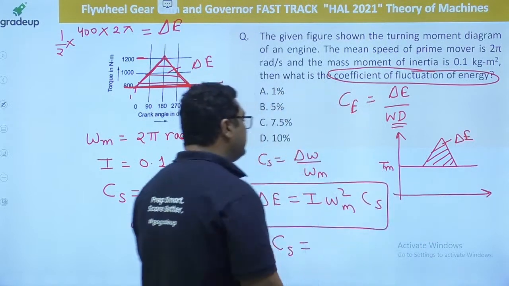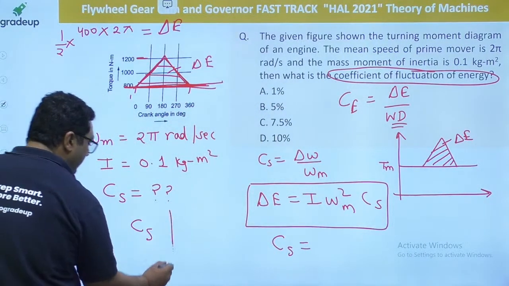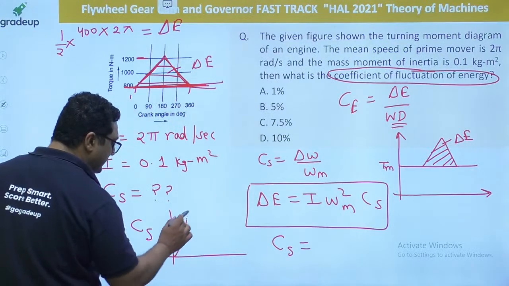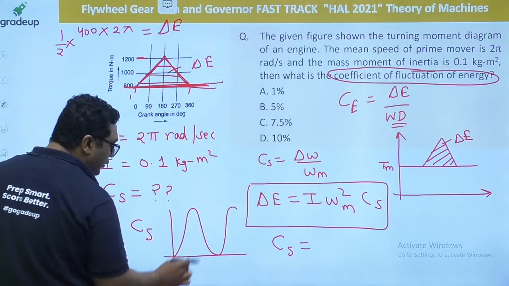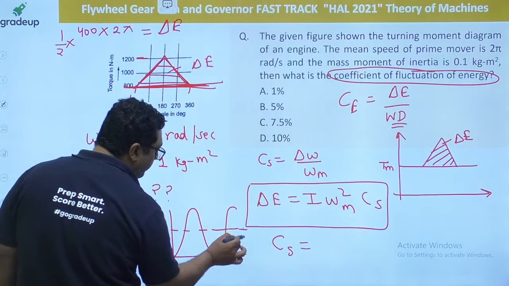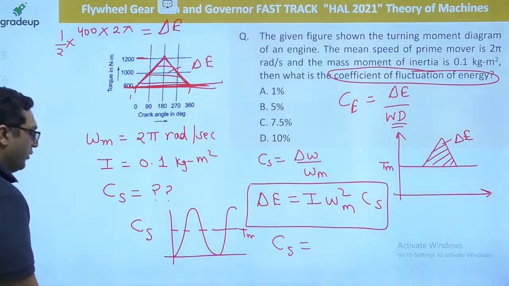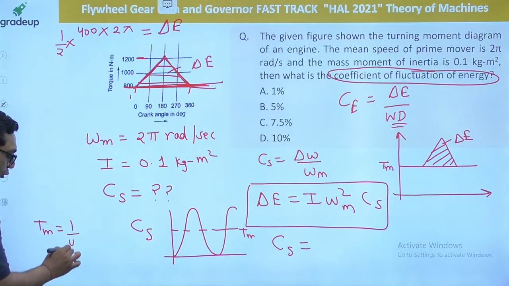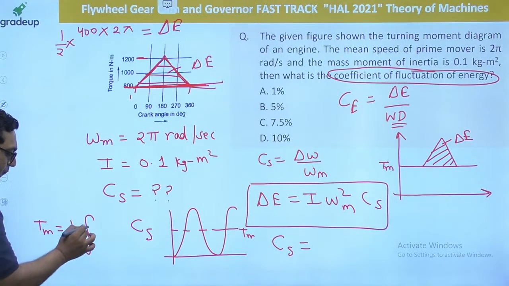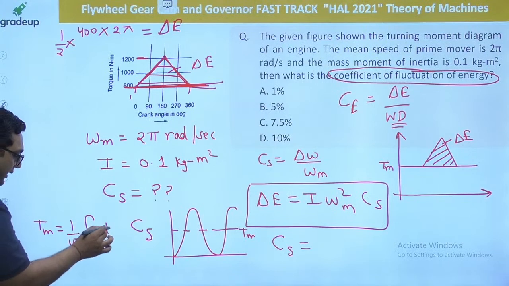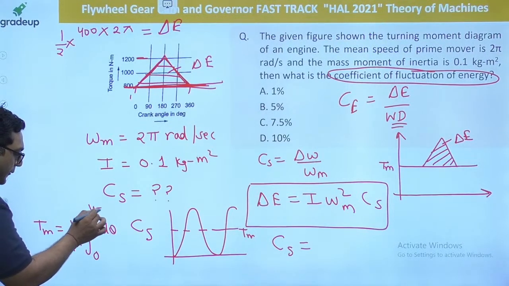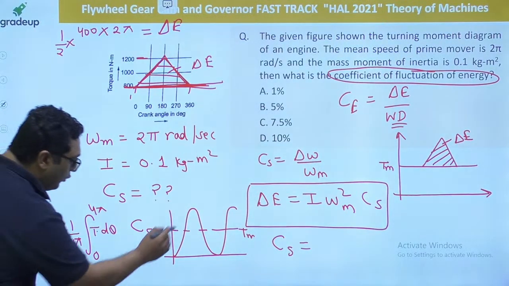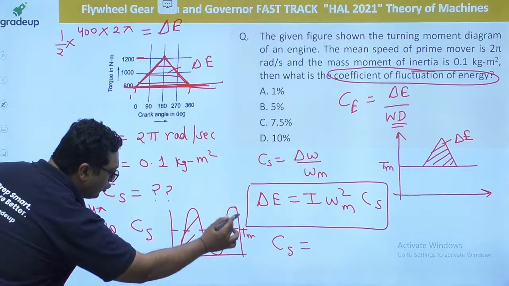But if we are given the complete diagram, then you need to find the value of T mean, using T mean equals 1 upon 4 pi, if it is a 4-stroke IC engine, times the integration of T d theta from 0 to 4 pi. Then you need to find this total area, which gives the work done in the cycle.